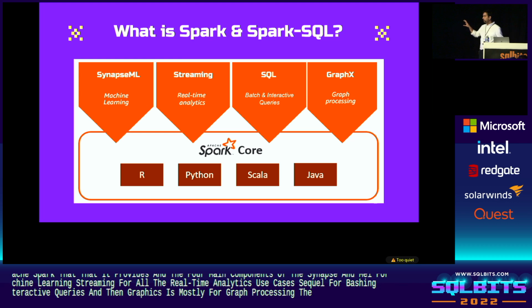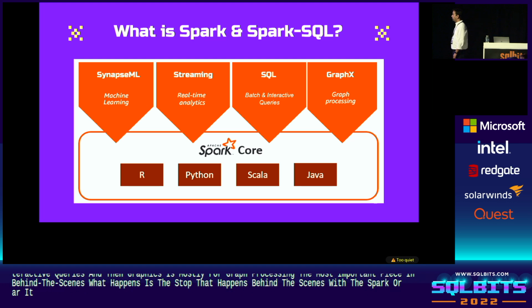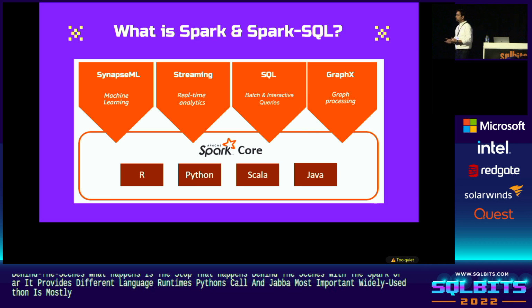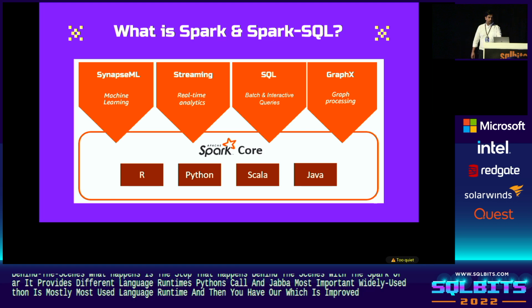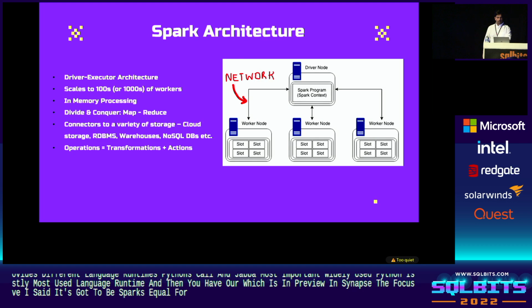The most important piece is what happens behind the scenes with the Spark core, where it provides different language runtimes: Python, Scala, and Java. Python is the most widely used language runtime, and then you have R, which is in preview in Synapse. The focus, as I said, is going to be Spark SQL for this talk.